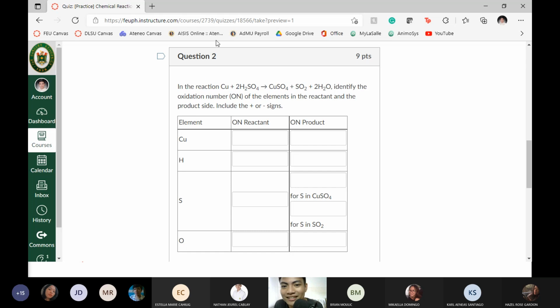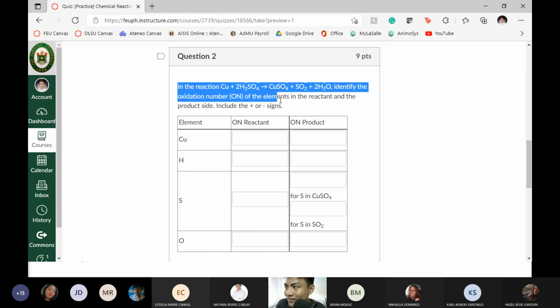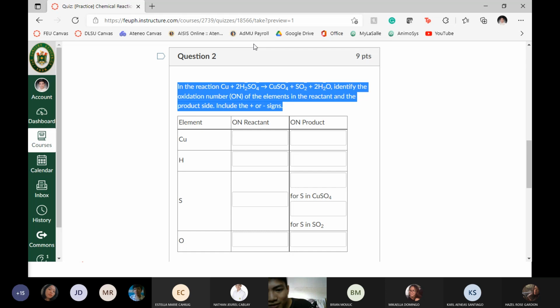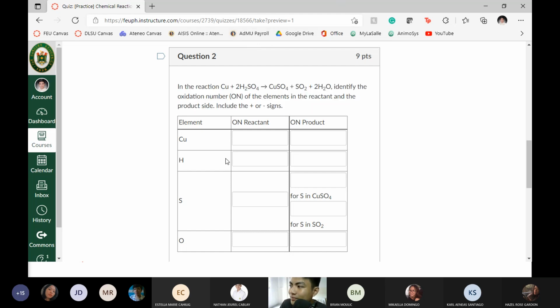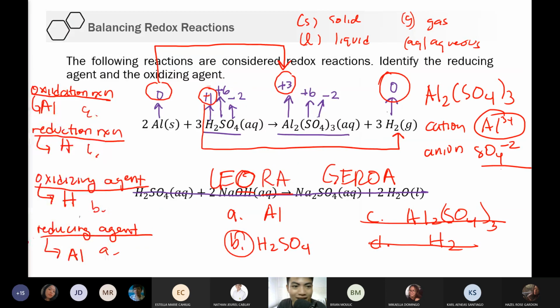Don't worry. Gagawa pa ako ng isa pa. Okay. So, ganun lang. Type nyo lang oxidation number. And do not forget, kunwari, ito, positive 5. Lagay mo positive 6. Okay. Sige, we have a question from Kyla. Ano yun?